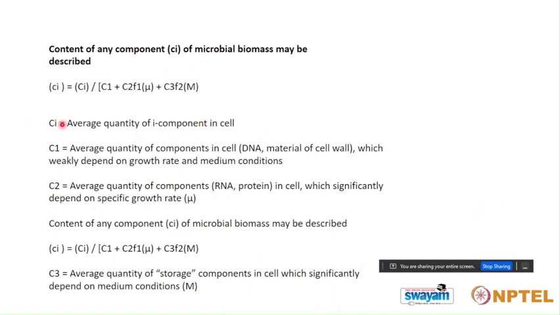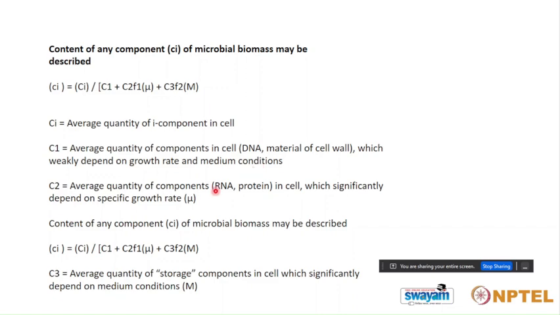So Ca is the average quantity of component I in a cell, whereas C1 refers to the average quantity of components which depend weakly on the growth rate and medium conditions, specifically DNA and cell wall material.